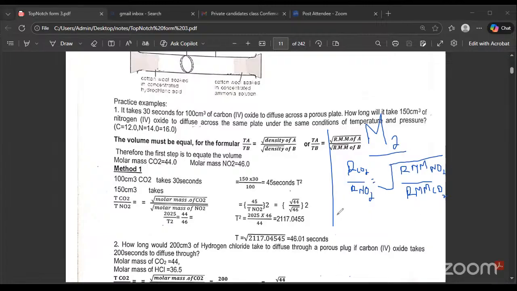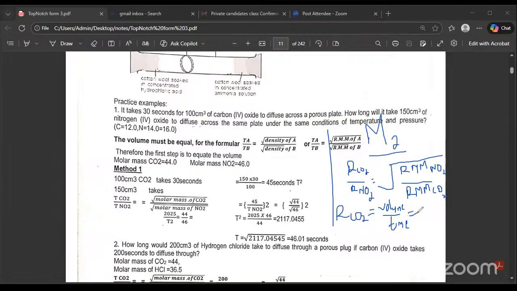For example, the rate of CO2 is equivalent to the volume over the time taken. That volume is actually the rate, over the time taken. So we have been given the time taken, and we have the volume. So you just have to replace it.